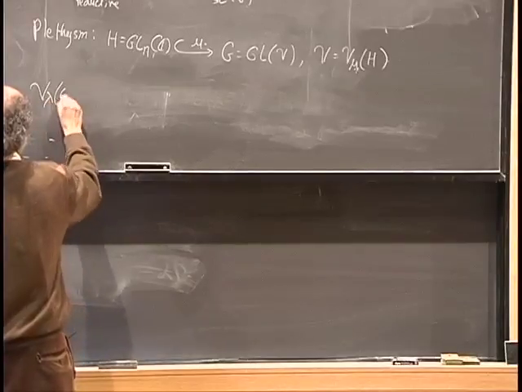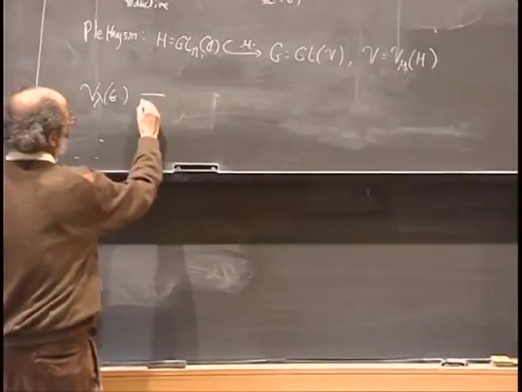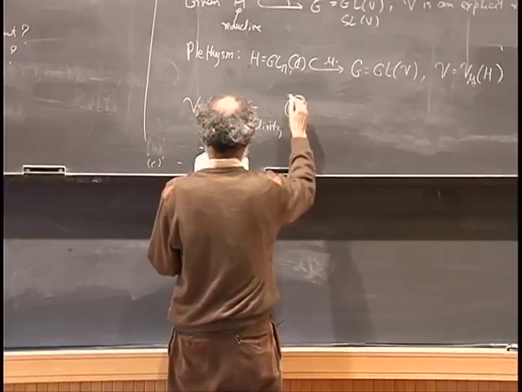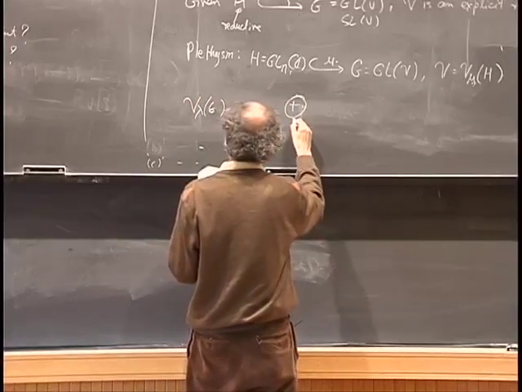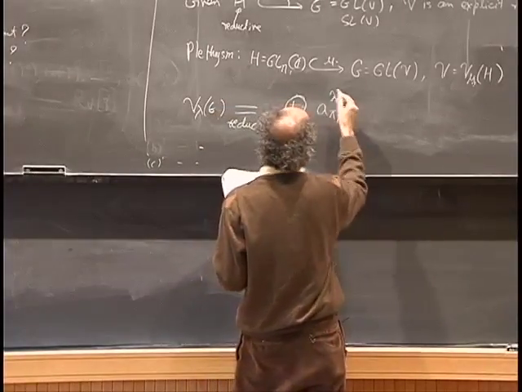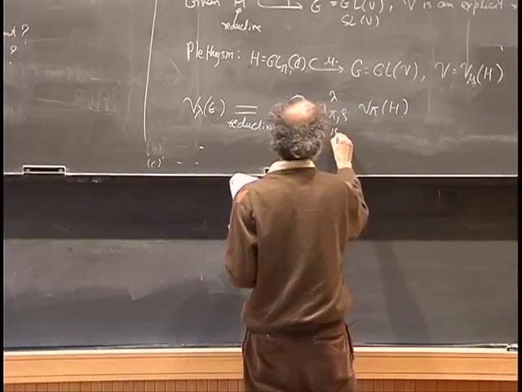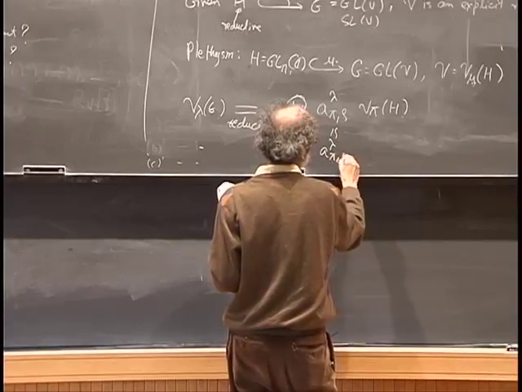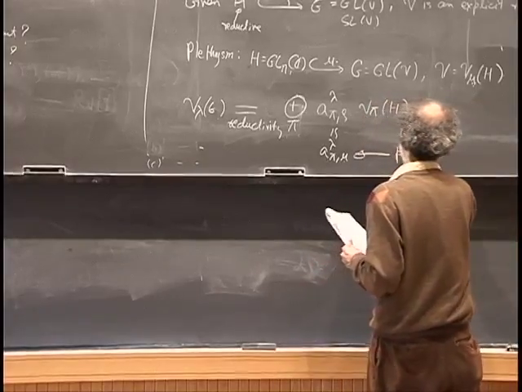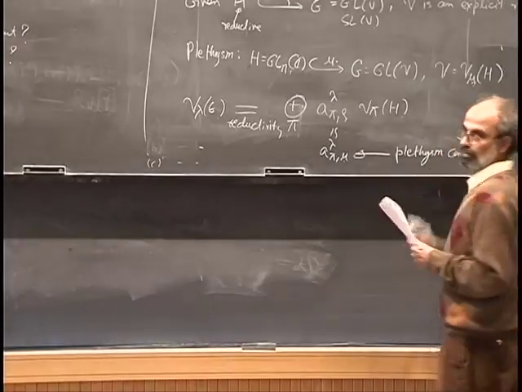Now you can think of V_lambda(G) as an H-module via this map. By reductivity of H, this would split as a sum of V_pi with multiplicities a_lambda,pi,rho, where rho is the map from H. In the case of Plethysm, we can just denote this by V_pi mu, because rho is completely specified by mu, and these are then called the Plethysm constants.